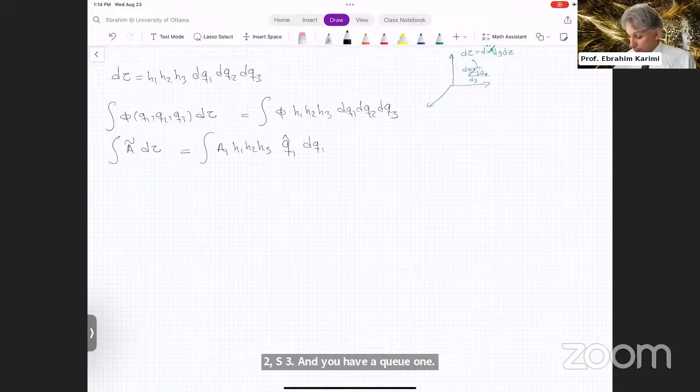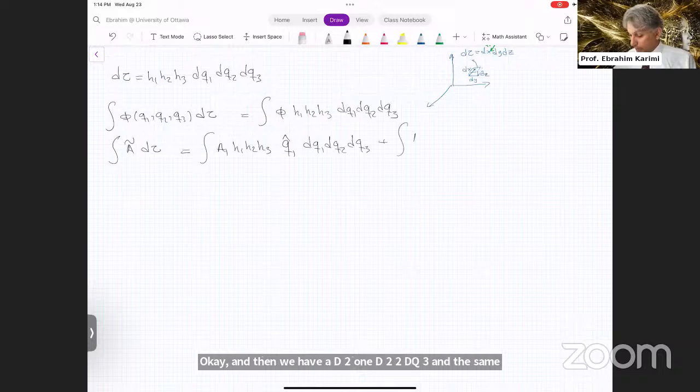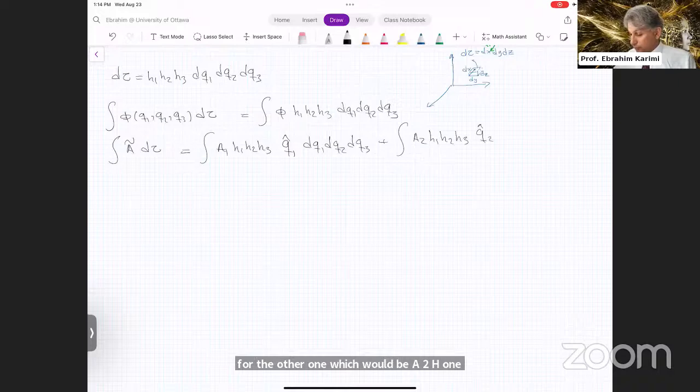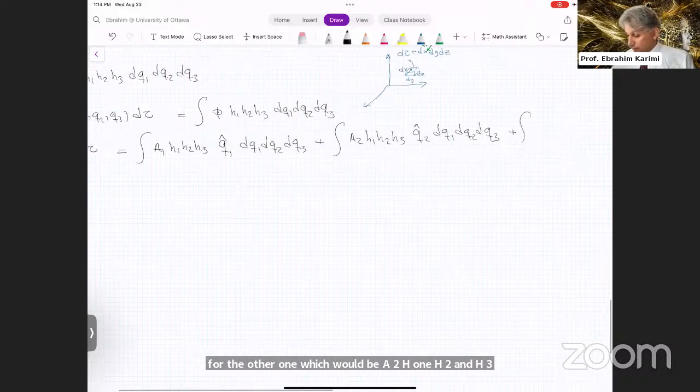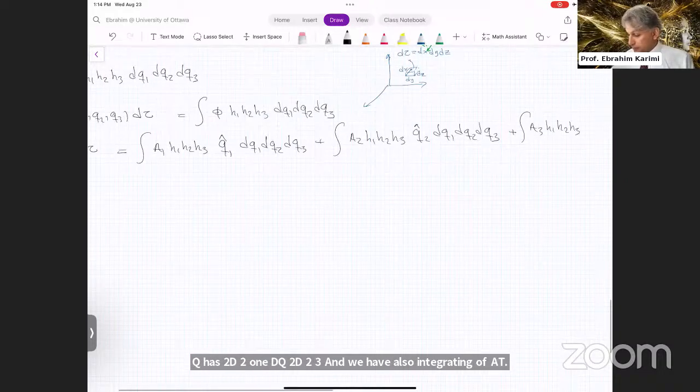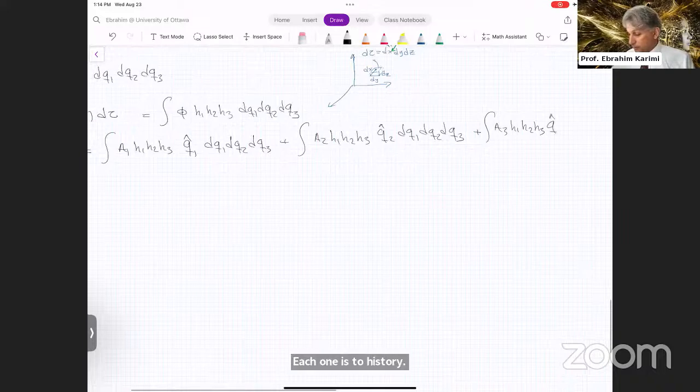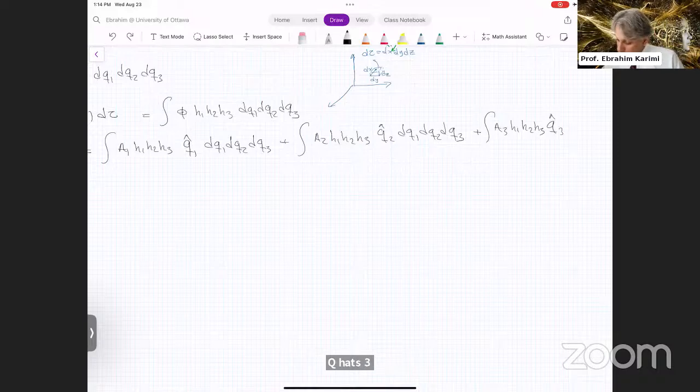dq1, dq2, dq3. And the same for the other one, which will be a2, h1, h2, h3, q hat 2, dq1, dq2, dq3. And we also have the integral of a3, h1, h2, h3, q hat 3, dq1, dq2, dq3.